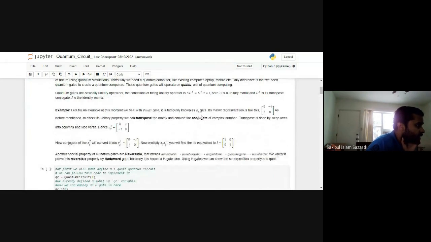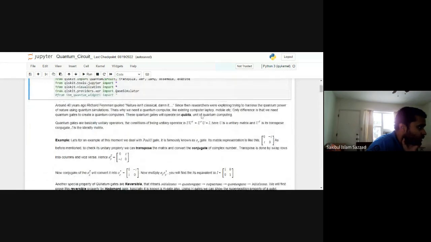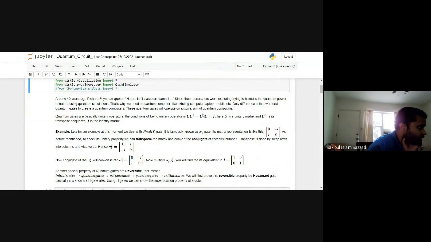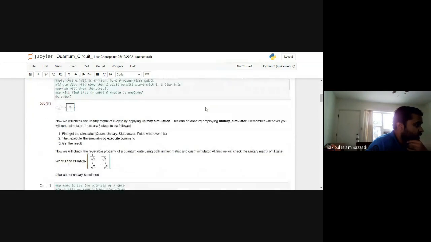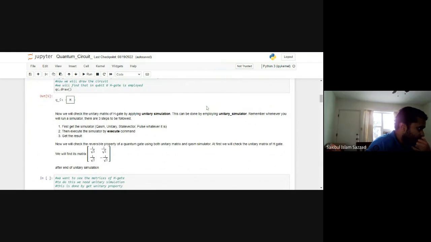Here are some other things: how all quantum gates show reversibility and unitary properties, and how we can prove that quantum gates are reversible and unitary.